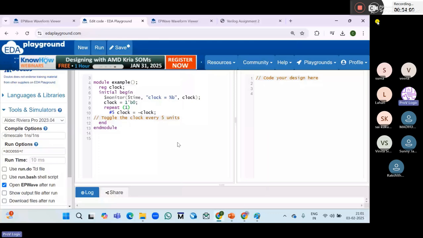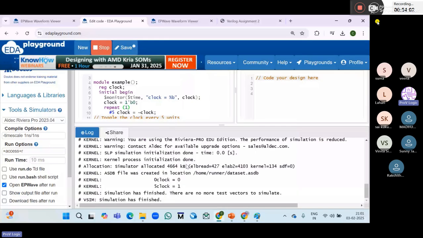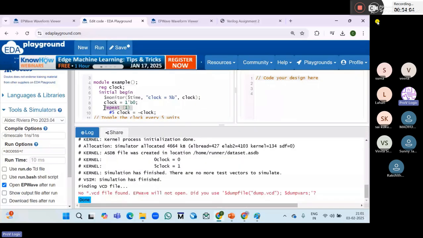Okay, repeat 1 is working correctly. So this clock equal to 0 is printing, and clock equal to not clock, only one time it will be printing. After that, automatically it stops the execution.